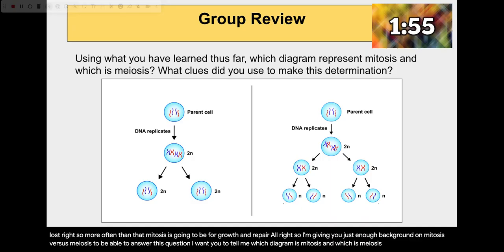The one that produces food is... Oh, yeah.